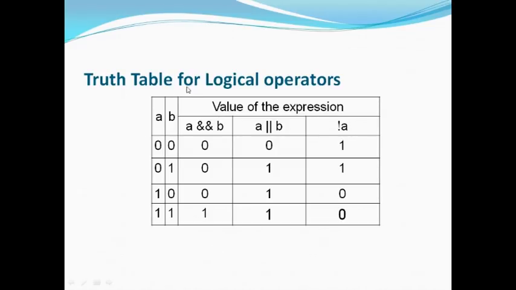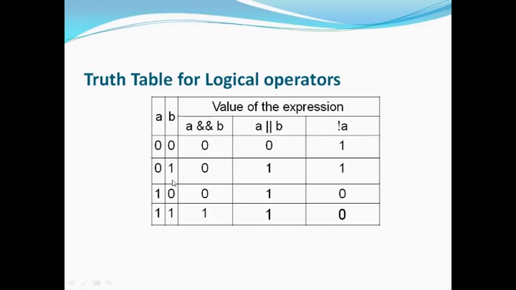The truth table for logical operators: if we take 2 variables A and B, first is the logical AND operator, A logical AND B. If the value of A is 0 and the value of B is 0, that is, if A is false and B is false, the logical operator A logical AND B returns the value 0.